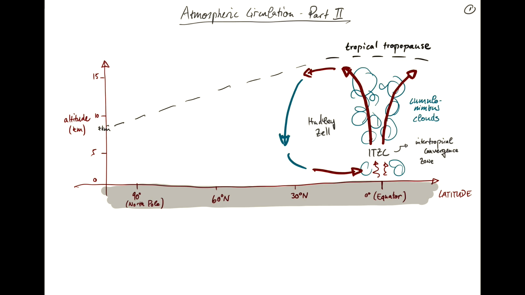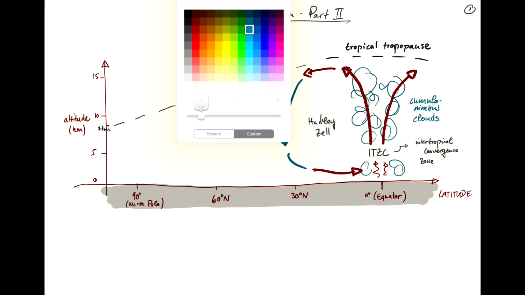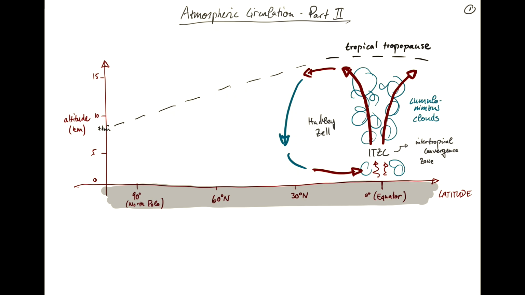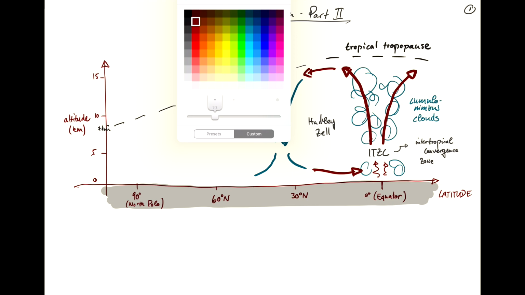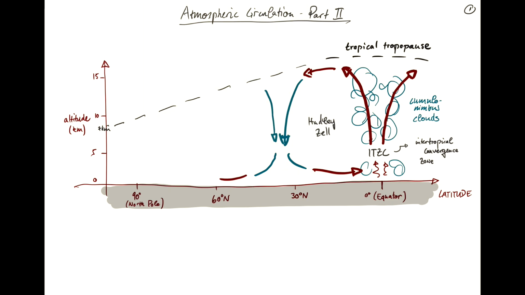What's next? Here at the mid-latitudes we have a second cell known as the Ferrel cell, cold sinking air, and then rising at around 60 degrees. And here we have the mid-latitude tropopause.